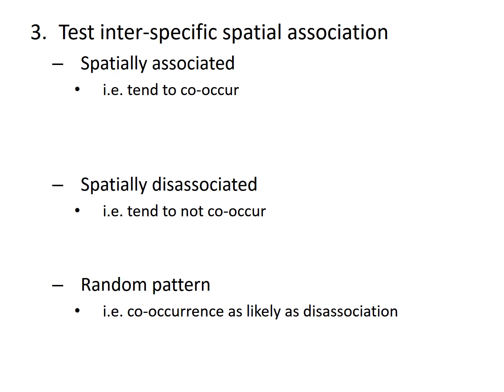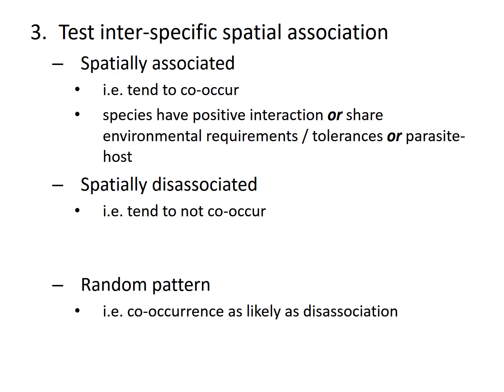We could infer from this pattern several different processes. So firstly, those 2 species that co-occur and are spatially associated might have positive interactions. In other words, the one species creates conditions that favor the other. Spatial association could also result from where species share environmental tolerances.